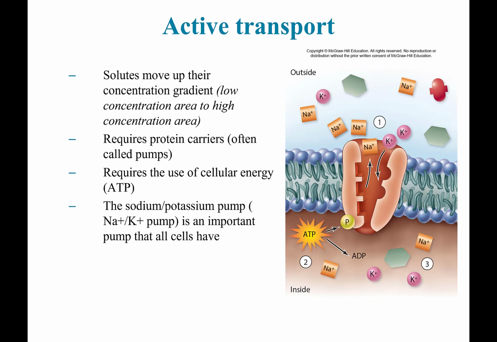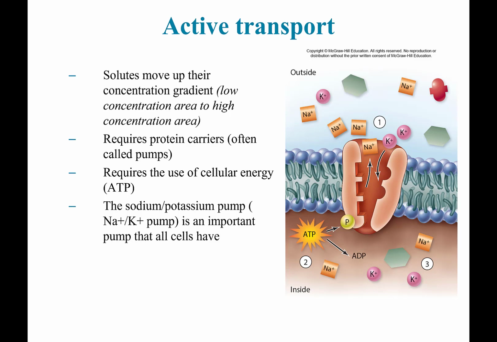Active transport, on the other hand, involves movement of materials against the concentration gradient, meaning things move from low concentration to high concentration. Besides requiring a channel that brings the material across the plasma membrane, it also requires ATP, or energy. One popular example of active transport is the sodium-potassium pump.